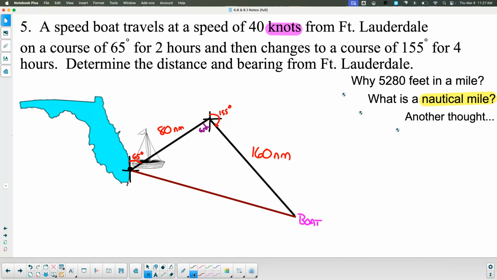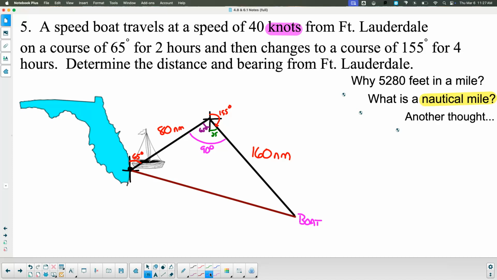Then that's 155. So it'd be like 25 away from, 25 right here? Yes. So that would be a whole, that's 90 degrees right here. That helps because now we got a right triangle, right?